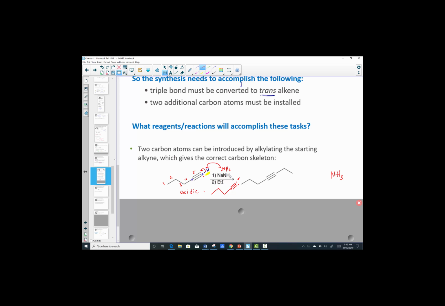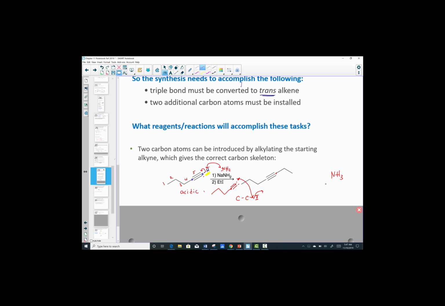Now notice in step 2 what we've done is we've introduced a 2-carbon chain, and the leaving group, an iodine, makes a wonderful leaving group because it's such a large polarizable cloud. And so the next part is this negative ion forces the leaving group to leave, and we can attach the 2 new carbons.